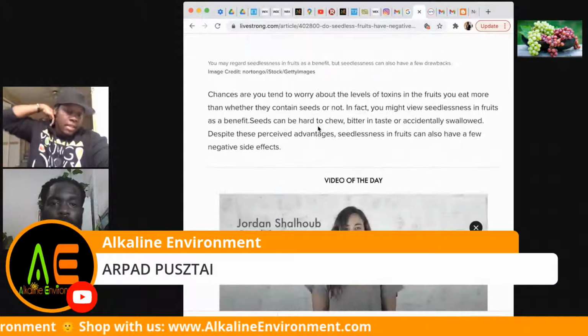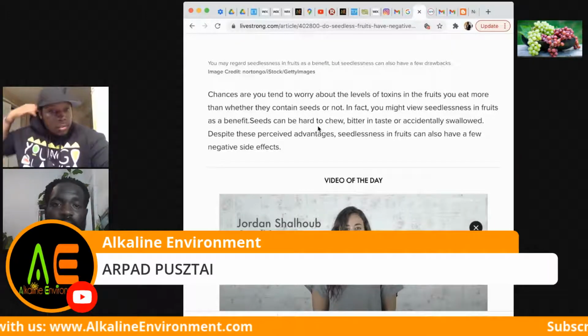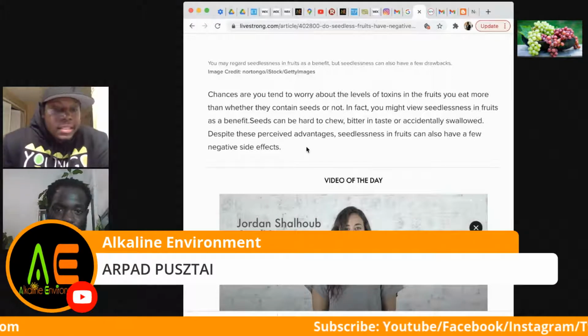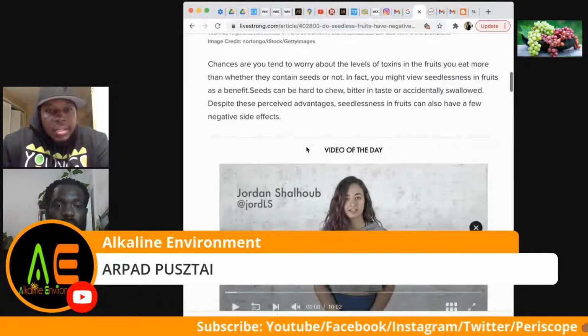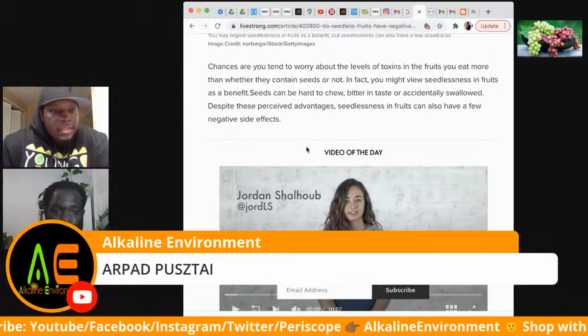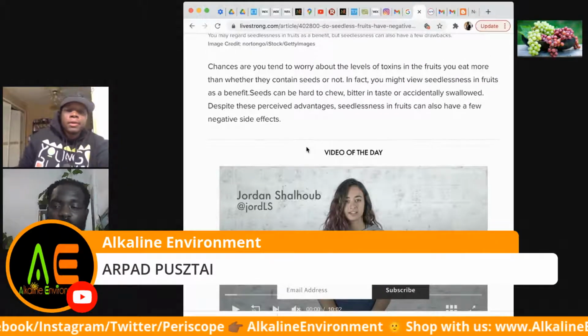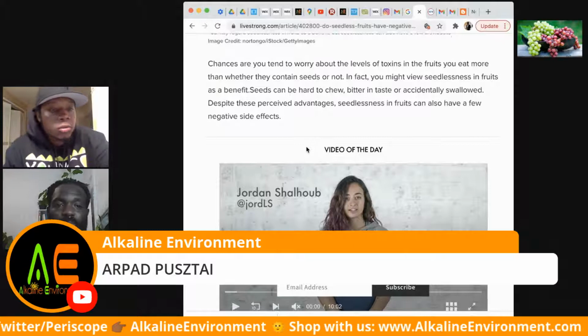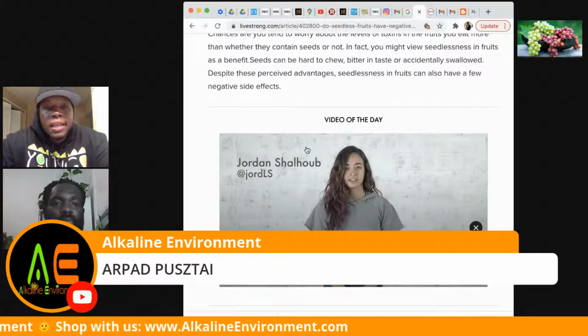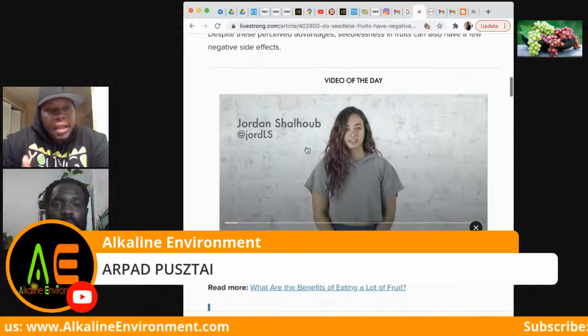It says, chances are you tend to worry about the levels of toxins in the fruit you eat more than whether they contain seeds or not. In fact, you might view seedlessness in fruits as a benefit. Seeds can be hard to chew, bitter in taste, or accidentally swallowed. Despite these perceived advantages, seedlessness in fruits can also have a few negative side effects.